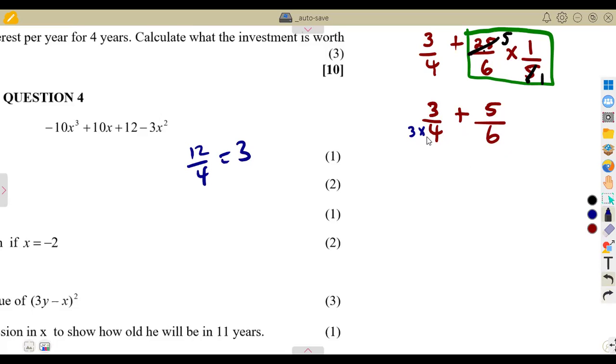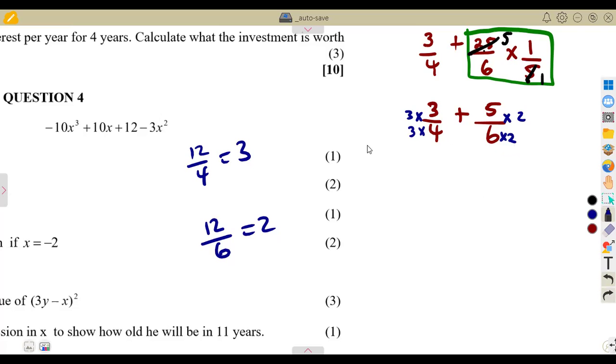So if I multiply by a 3, I get a 12. What I've done in the denominator, I have to do in the numerator also. For this number to be a 12, what am I supposed to multiply with? I just divide 12 divided by 6, that's a 2. So if I multiply by 2 here in the denominator, I must have the 12.